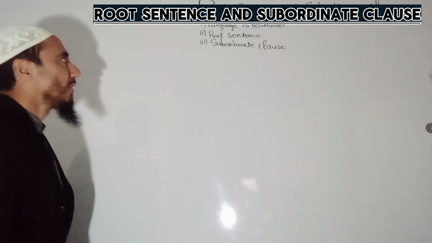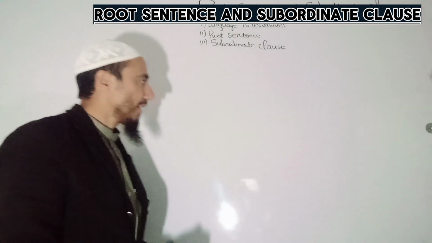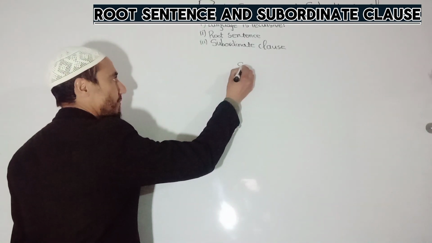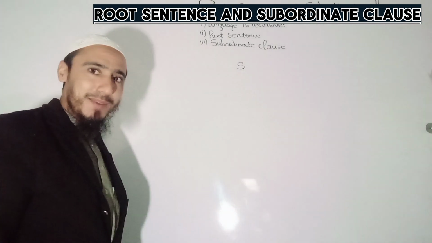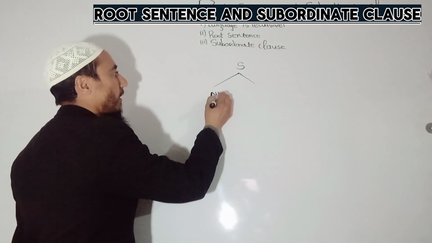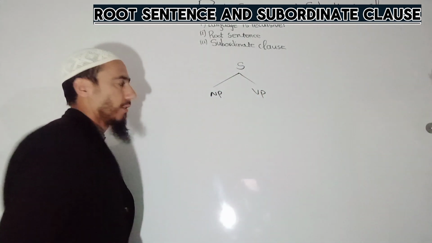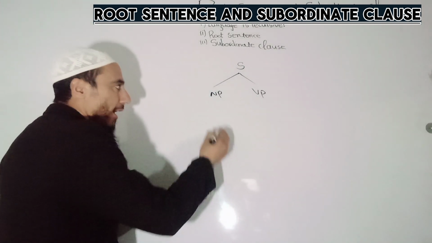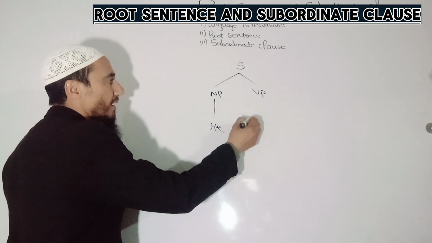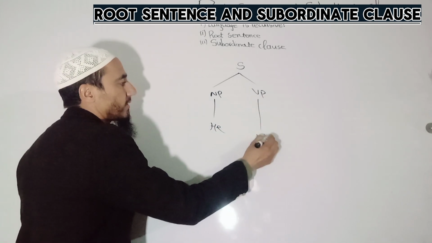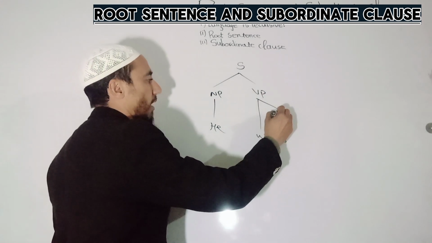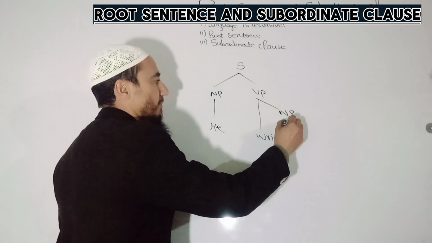Let's talk about root sentence. Listeners and audience, as I told you previously, in a sentence we have S. S means sentence, and in S we have NP and VP. Okay? If I say, for example, he, that is NP, and VP, that is writes. And then after that we have NP, for example, a letter.